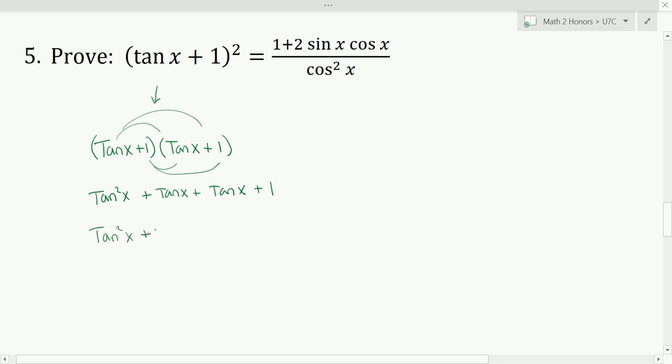And we have a plus 1. If we rearrange it, put those together. And then these two middle ones we can add to 2 tangent x. And then this piece, like you said, is the secant squared x plus 2 tangent x. And you're almost there.